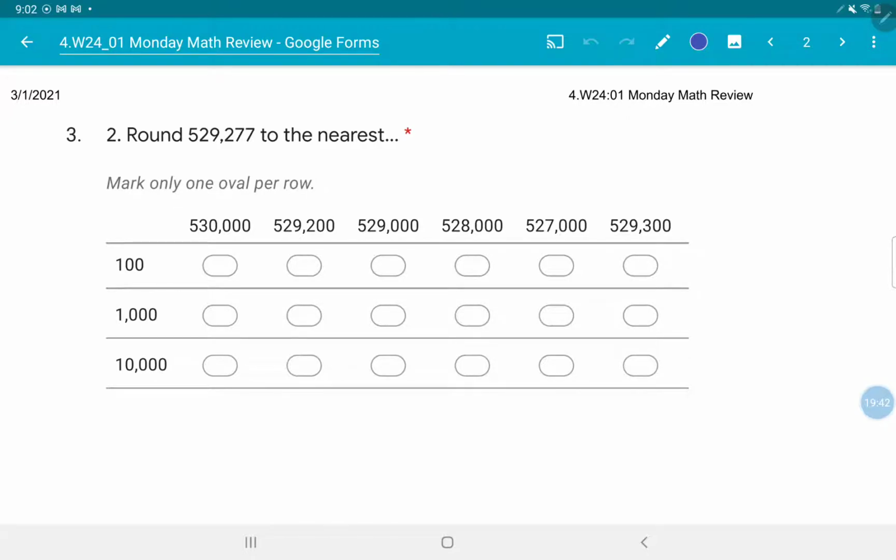Very good. We're going to look at that 2 in the hundreds place. We'll check next door to the tens. 7 is more than 5. So Ansley said that 2 will go up to a 3. So we'll have 529,300.